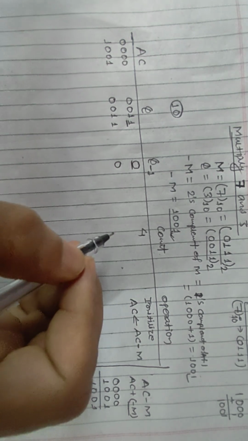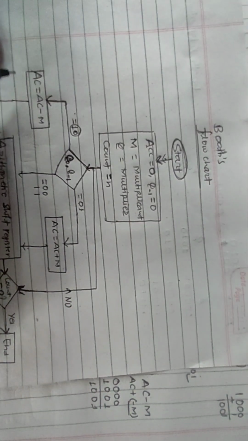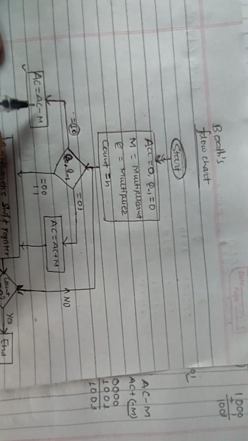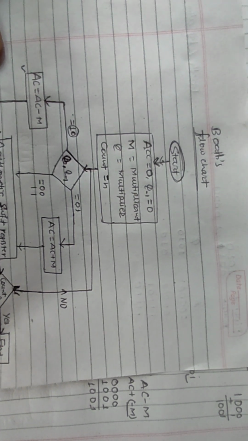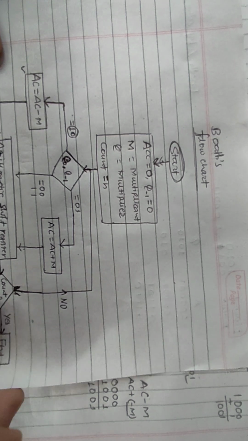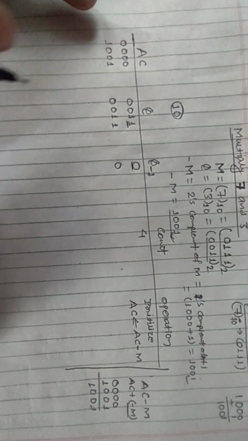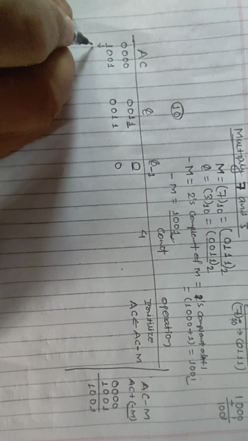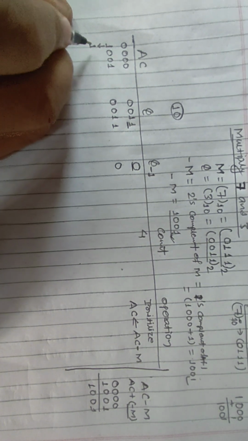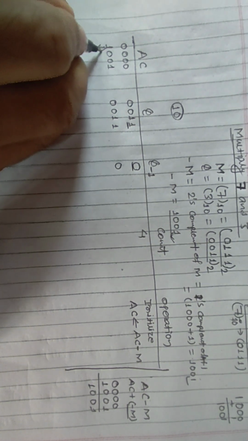Now in the first step, after doing the operation AC is equal to AC minus m, we have to move towards the next step. In the next step, the Booth algorithm says arithmetic shift register, we have to shift the register arithmetically. In an arithmetic shift, the first bit we preserve as it is, and then we start shifting from the first bit.